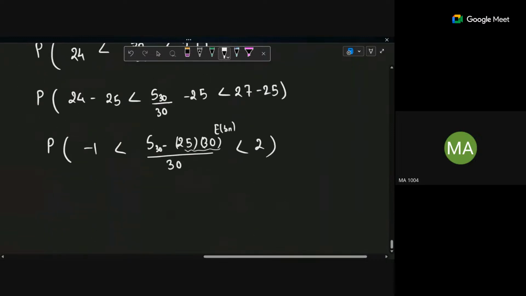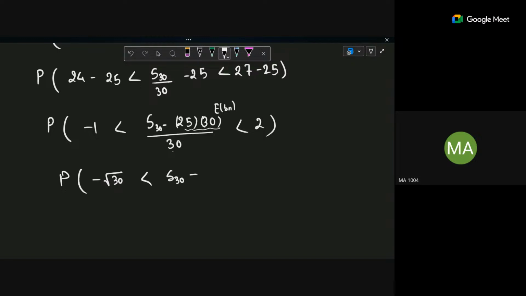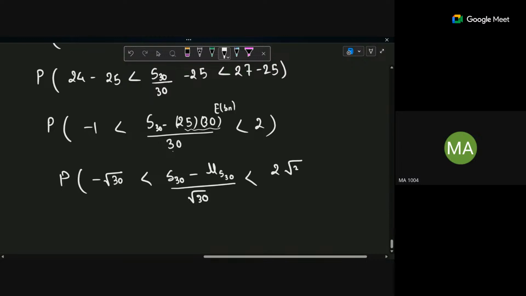So I can split it into square root 30 and square root 30. Are you getting it? Yes, ma'am. So this will be 30 divided by square root 30 to square root 30. Then what we need is divided by 3, so just 2 at all these places. Is it fine?